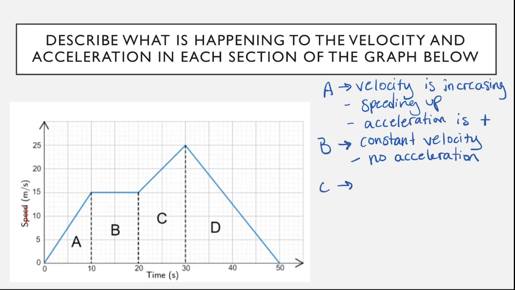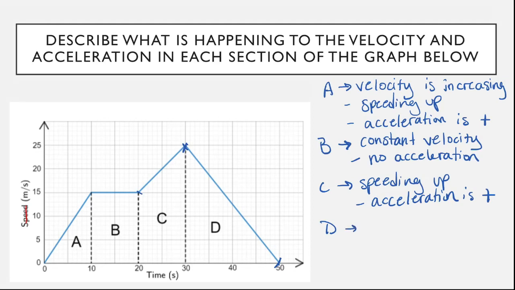Okay, what's happening at C? Again, it's going from 15 to 25, so we're speeding up again. And so therefore, if I'm assuming we're speeding up in a positive direction, our acceleration is positive. Okay, and then of course at D, what's happening? The velocity is going from 25 down to 0.